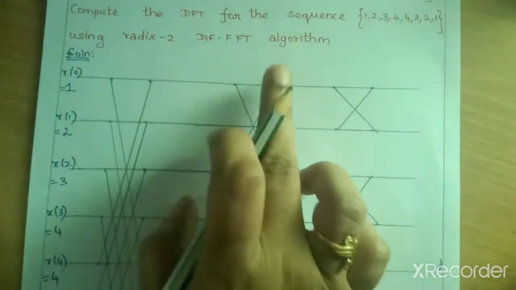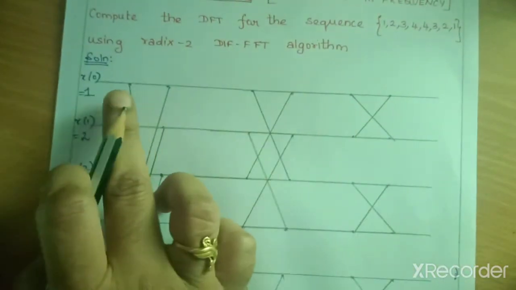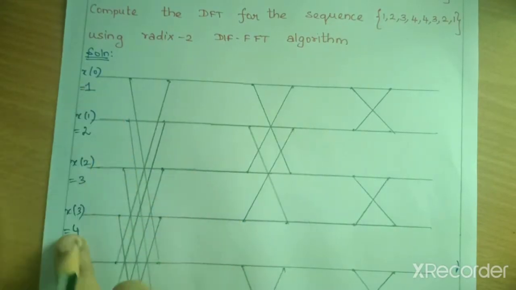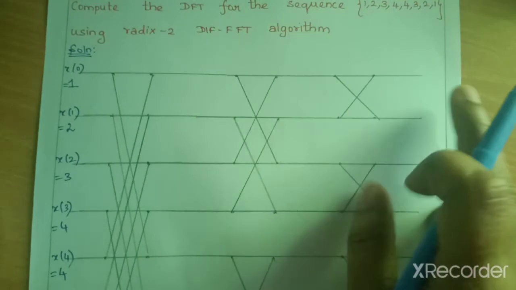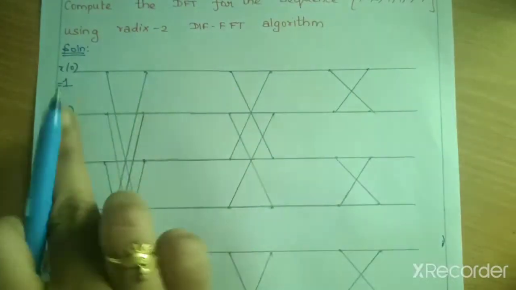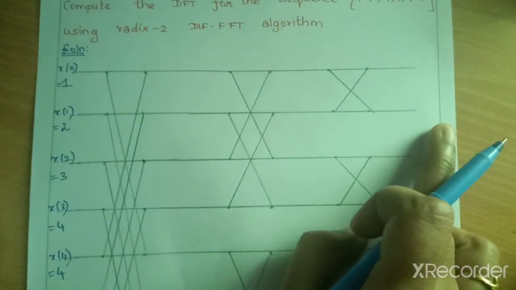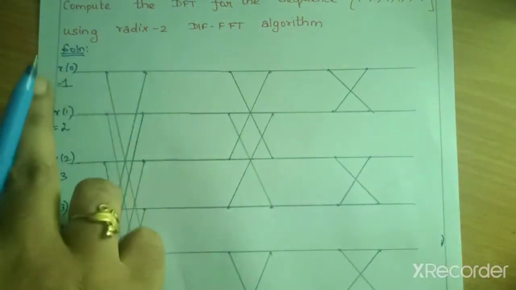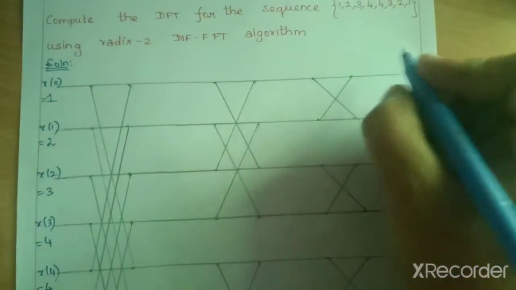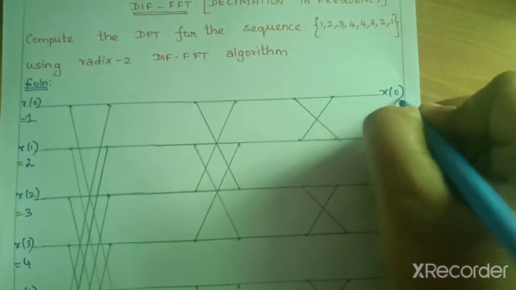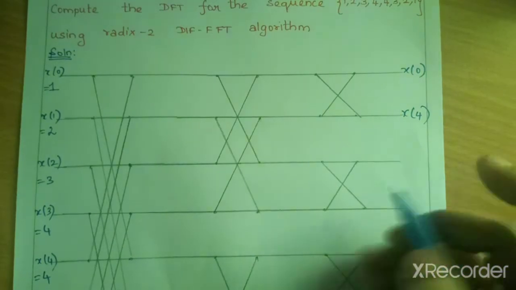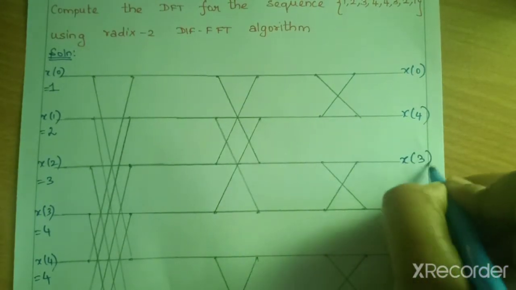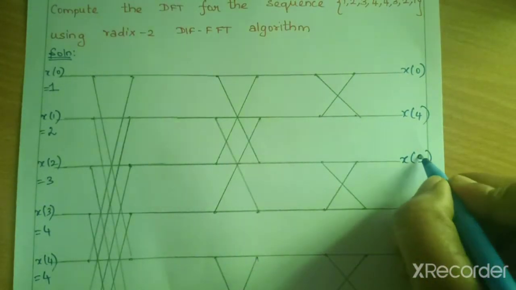So for DIF FFT, here the x of 0, 1, 2, 3 values will be given. So you have to write the values. In the output we get the bit reversal of the order, as we already saw in the algorithm. So the x of 0 bit reversal will be x of 0 and x of 1 bit reversal will be x of 4. X of 2 bit reversal will be x of 2.